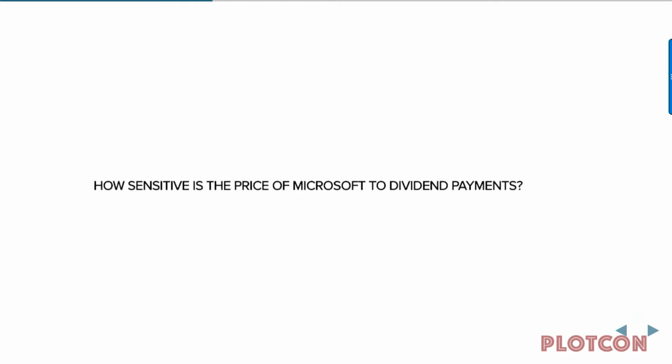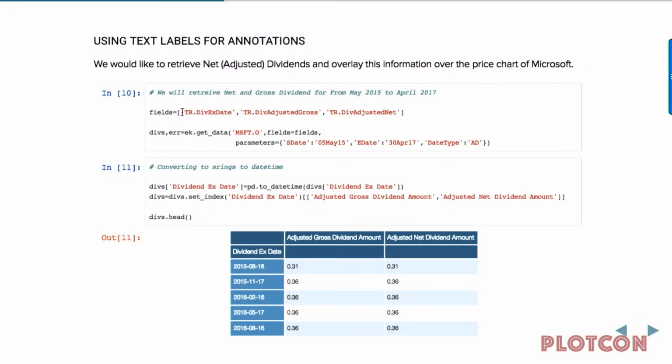Okay, let's get a bit more into annotations and markers. Let's say that we want to understand if dividend payments have affected the price changes, or I just want to overlay this information over the chart. So I can go here and start getting my data.